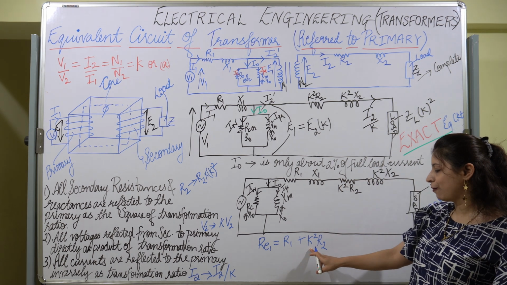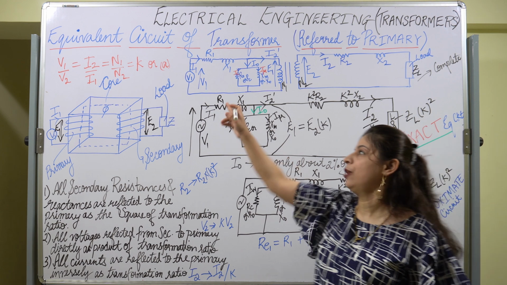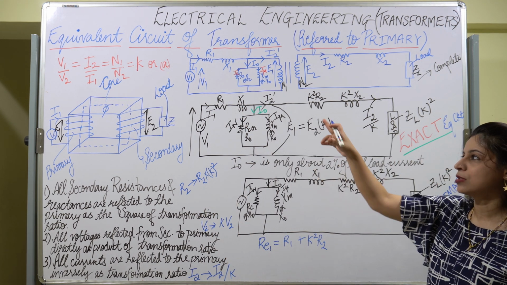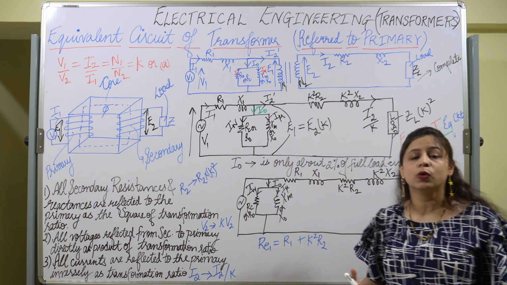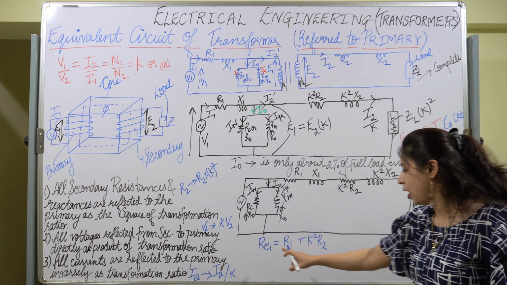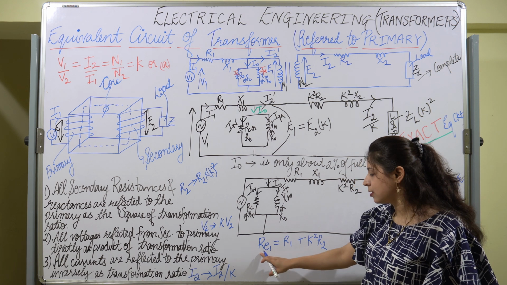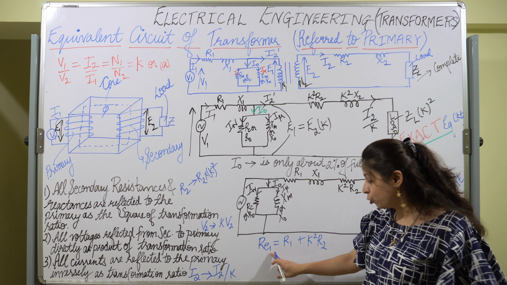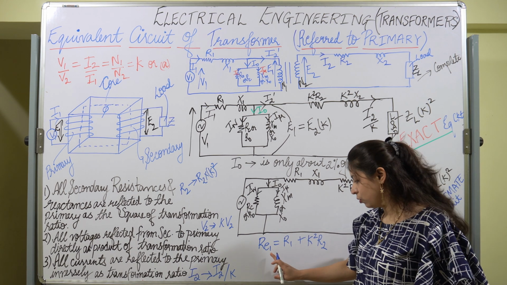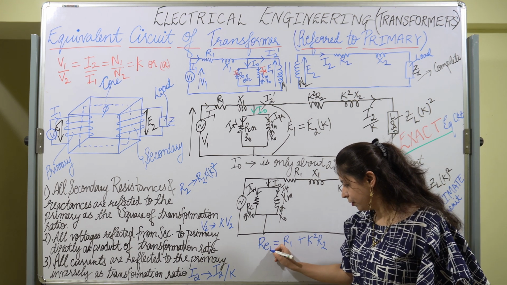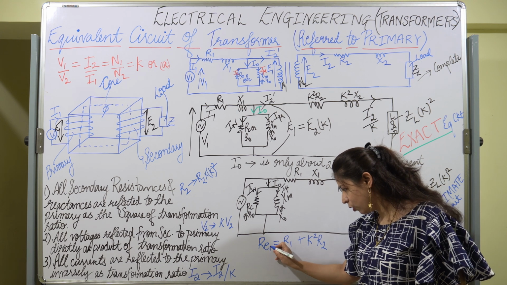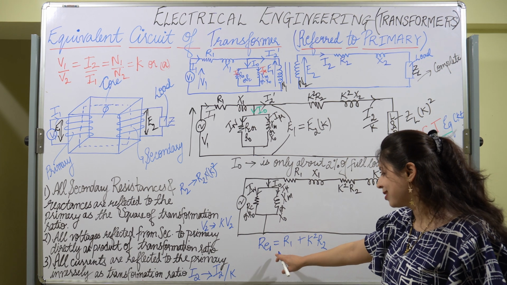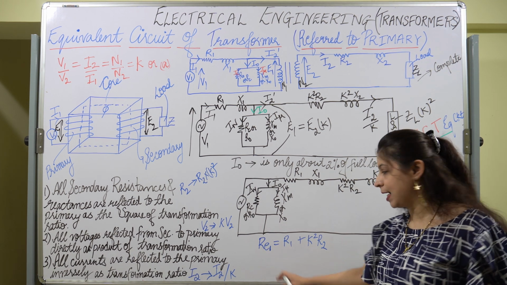In the place of K square, we can also write N1 upon N2 whole square, because N1 upon N2 is the transformation ratio equal to K. So RE1, why? It is the equivalent resistance referred to the primary, so that's why we are putting the suffix 1 over here. RE1 denotes the equivalent resistance referred to the primary side.